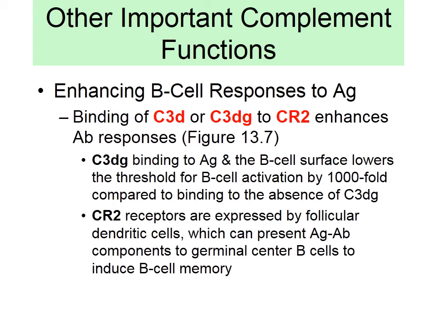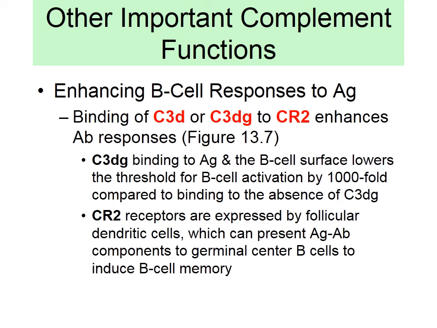Normally, for example, if it's 1000, it is going to decrease that. So you would normally need 1000 bacteria to cause a particular effect, and then even one bacterium bound to a complement protein will have the same effect. So that's pretty much the function of C3dg, which is enhancing B cell response.